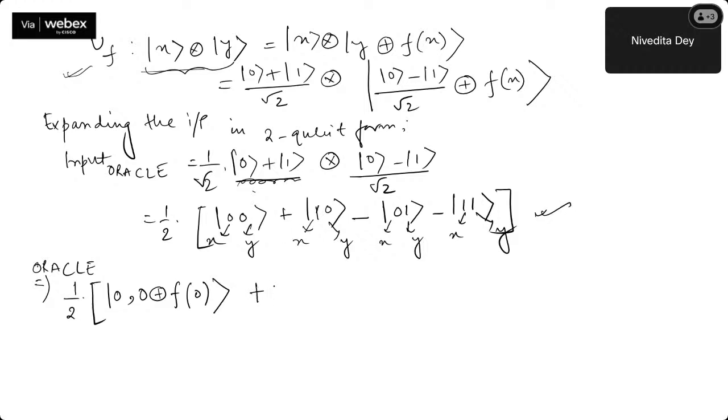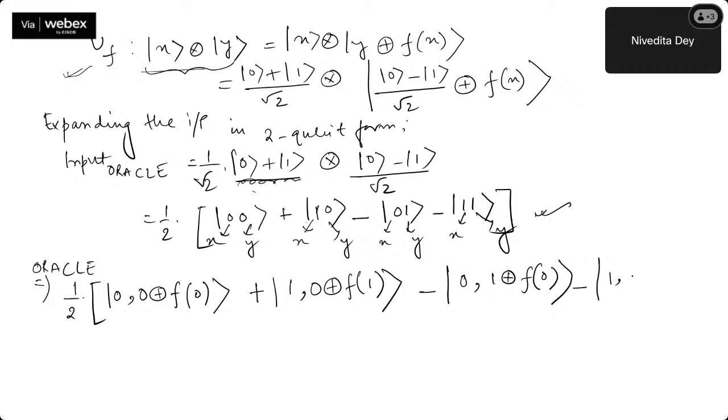Plus, this plus is here also plus. Now again x. What is your x now? 1. So 1 comma y means 0 XOR f(x) means f(1). Minus, similarly I'm writing 0 comma 1 XOR f(0). And similarly here it's 1 comma 1 XOR f(1).